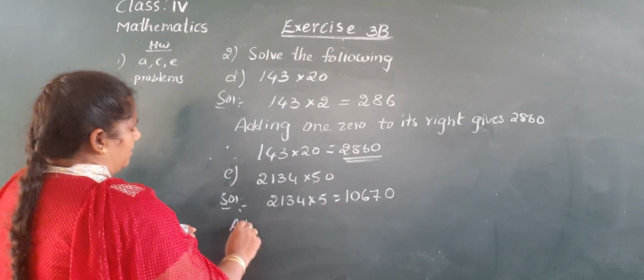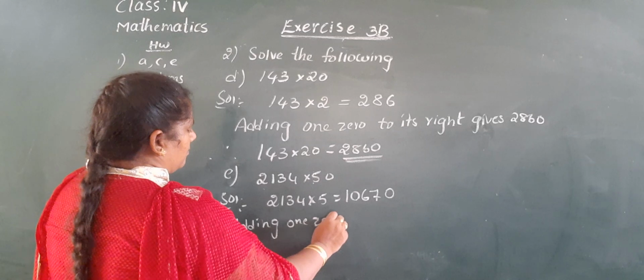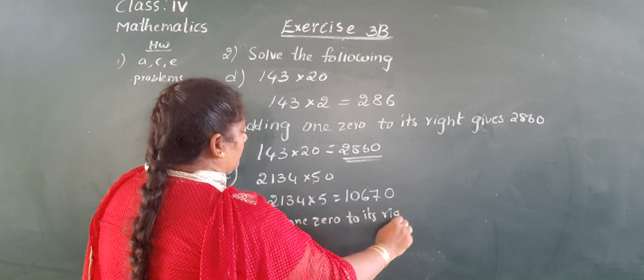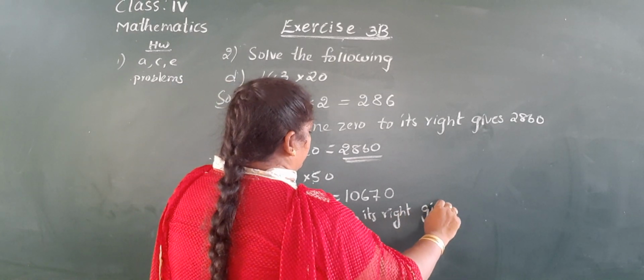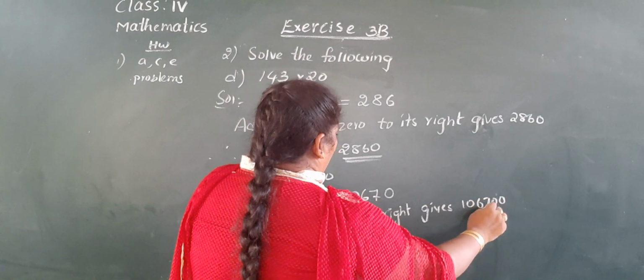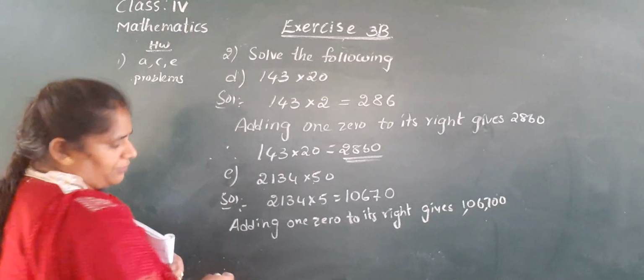So you should add 1 zero to its right, which gives 1,06,700, isn't it?